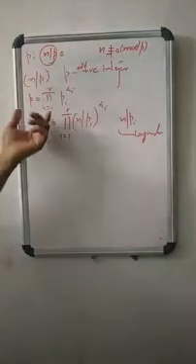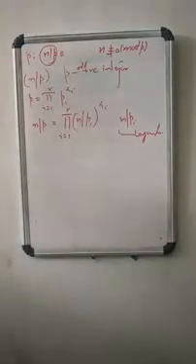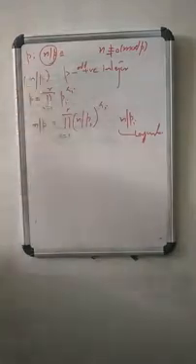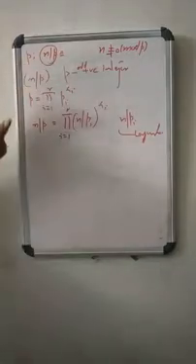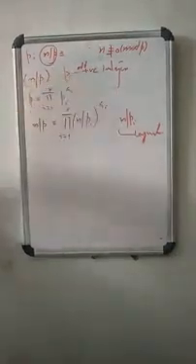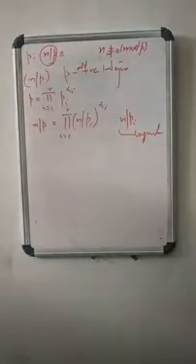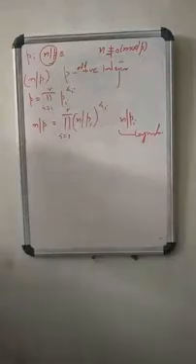Okay. So when p is an odd positive integer, and p is the product of primes, p equals product i ranges from 1 to r of p_i power a_i, the Jacobi symbol is defined in terms of the Legendre symbol, that is n by p is product i ranges from 1 to r of (n by p_i) power a_i, where n by p_i is the Legendre symbol.